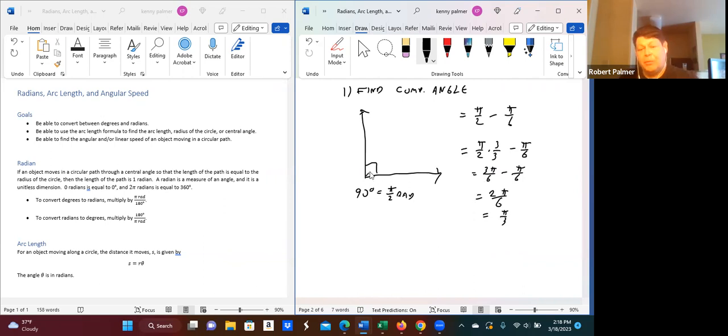So this one angle is pi over 6, and its complement is pi over 3.